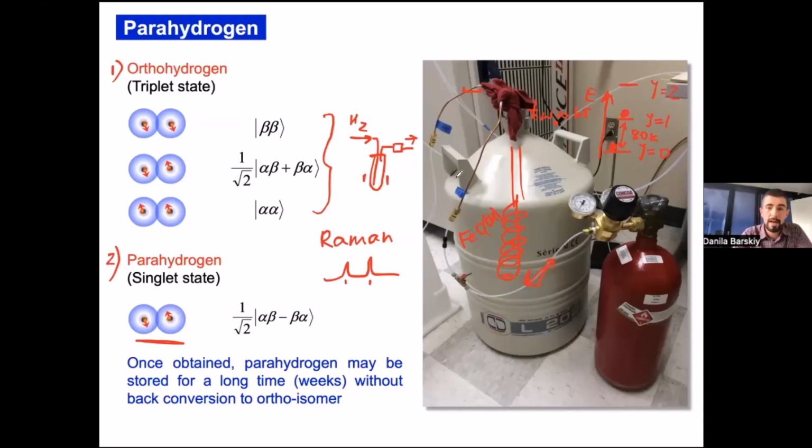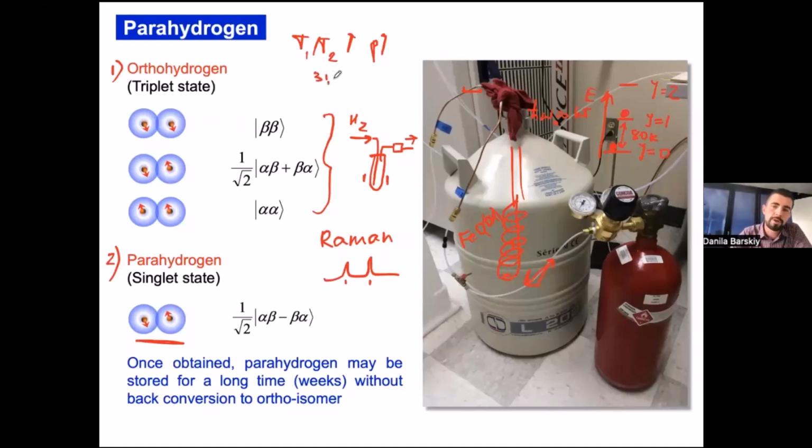And I recommend doing this at elevated pressure because T1 and T2 of hydrogen grow when pressure goes up, and it will help you see a narrower line in your spectrum.